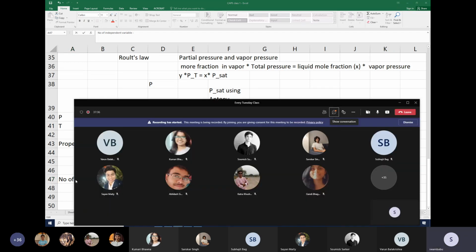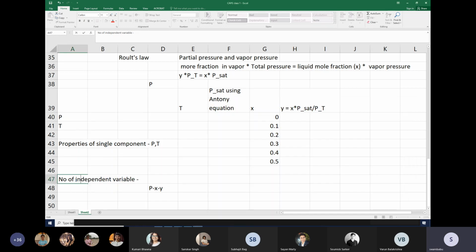Which rule, which law tells us the number of independent variables? Phase rule, yes. The phase rule tells us the number of independent variables. This number of independent variables corresponds to degrees of freedom. This gives the phase rule.